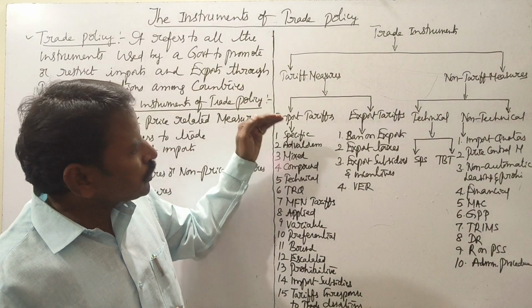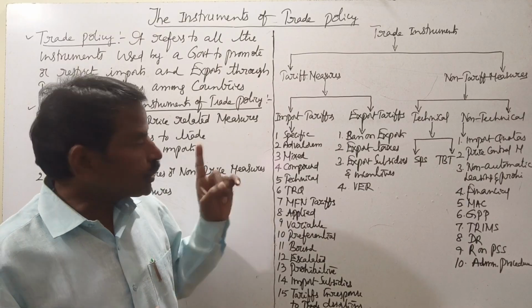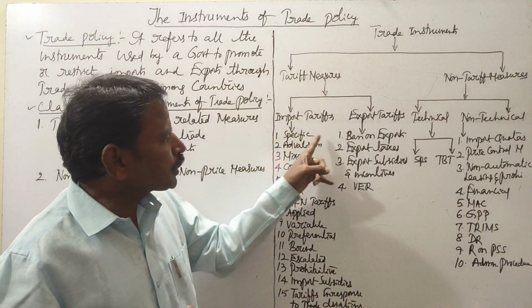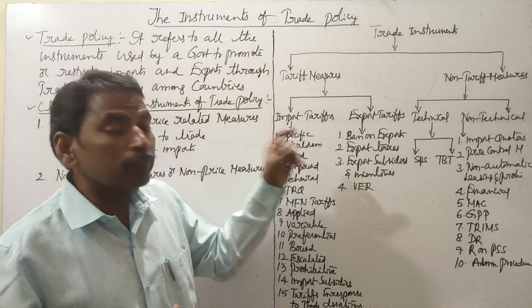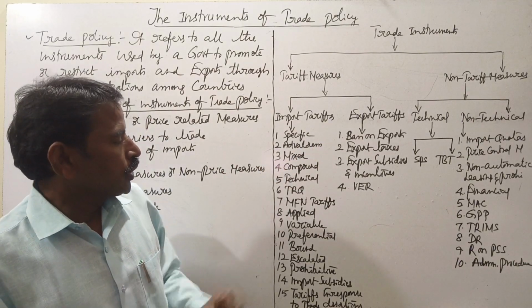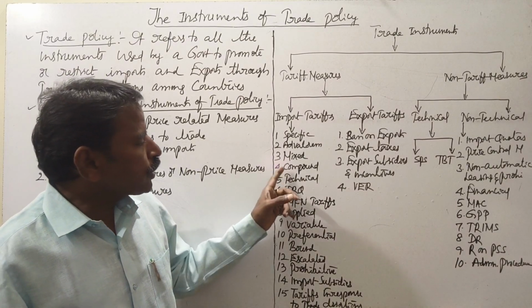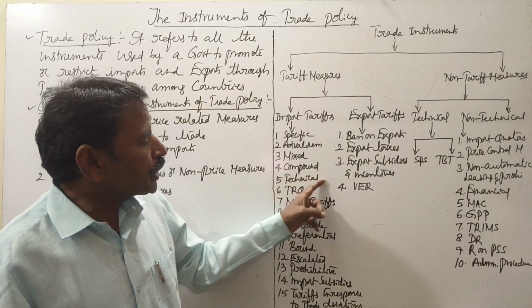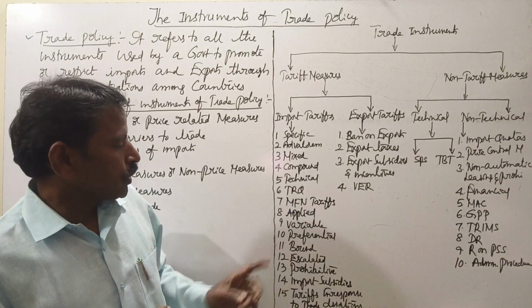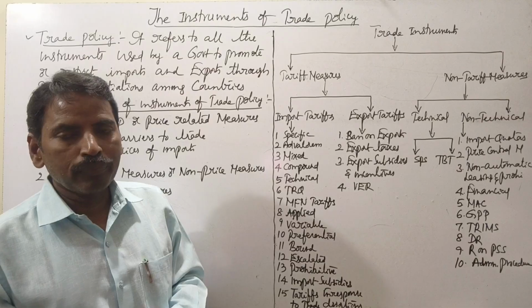Import tariffs are of several types. One is specific tariff. Second one is ad valorem tariff. Third one is mixed tariff. Fourth one is compound tariff. Fifth one is technical tariff. Sixth one is tariff rate quotas.